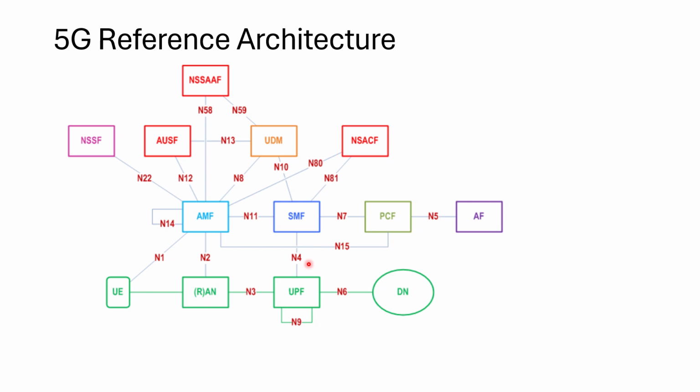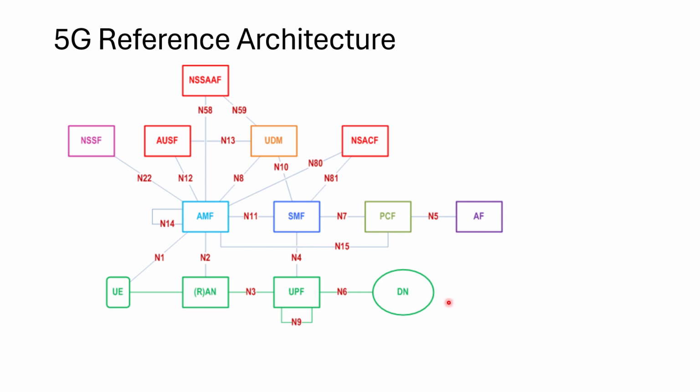The SMF uses PFCP, the Packet Forwarding Control Protocol, over the N4 interface to program the UPF with packet detection, forwarding, and QoS information rules. If your user has a signal but no data throughput, then N4 is often the first place we need to check to ensure the UPF was programmed correctly.